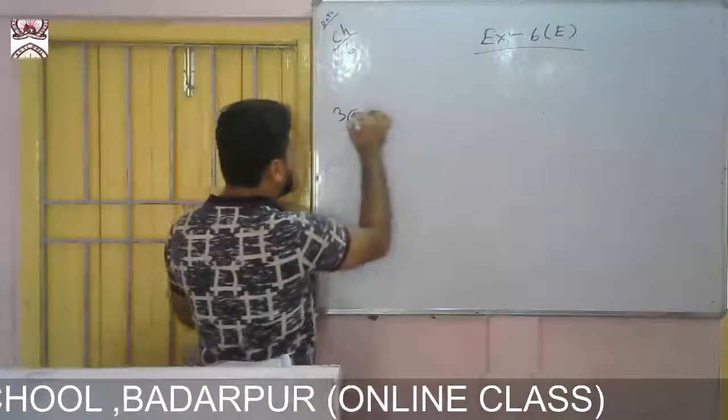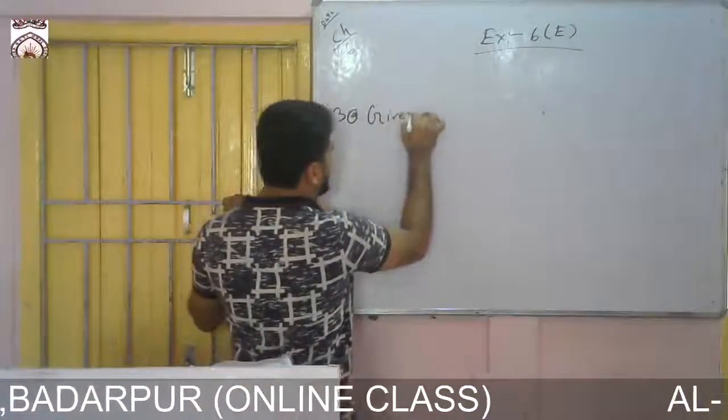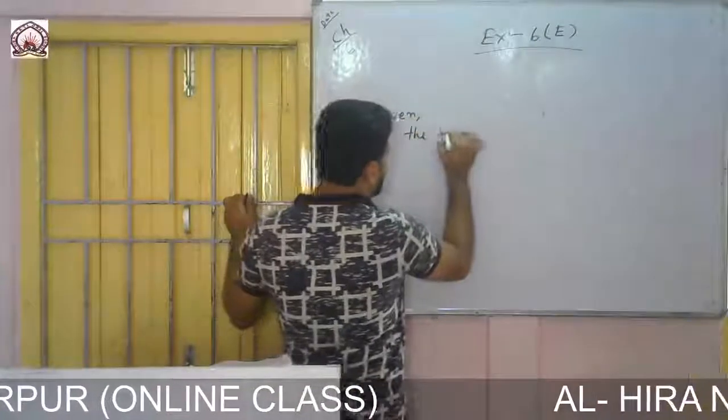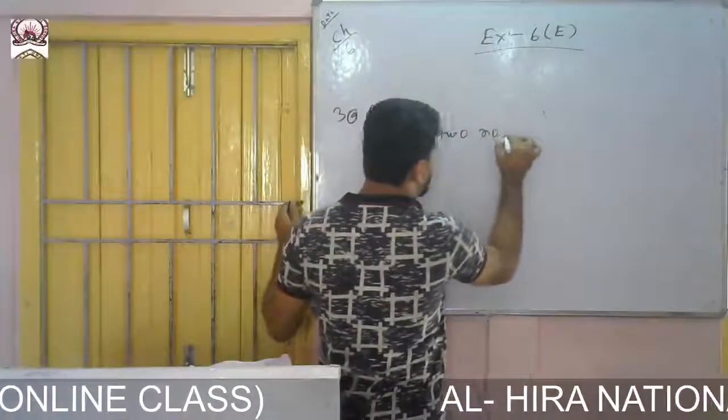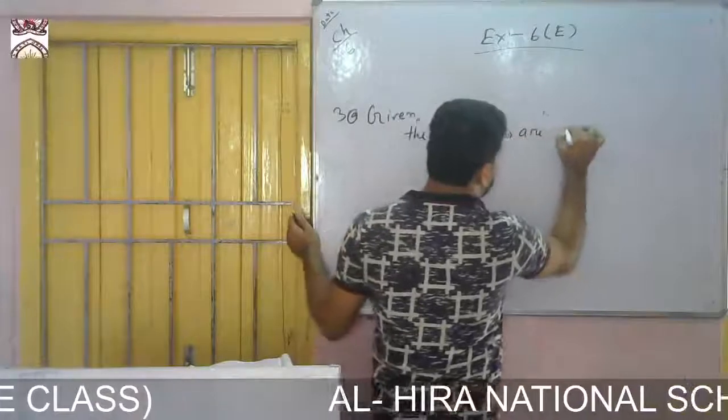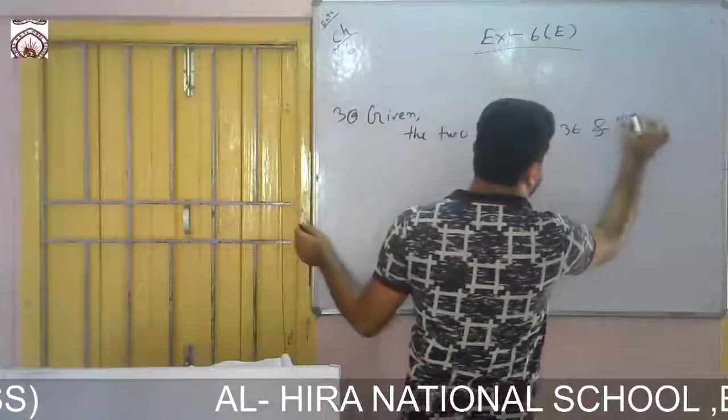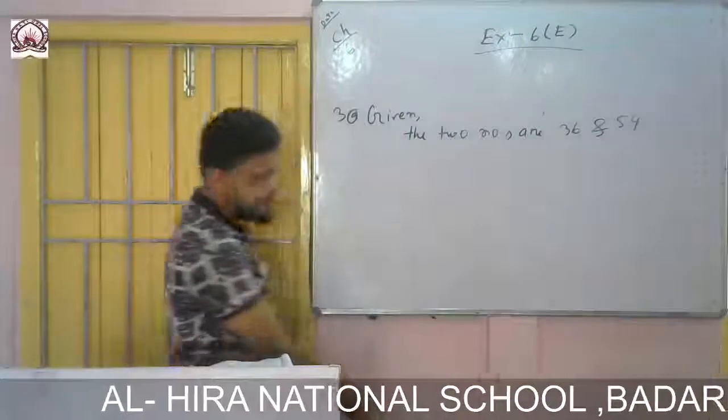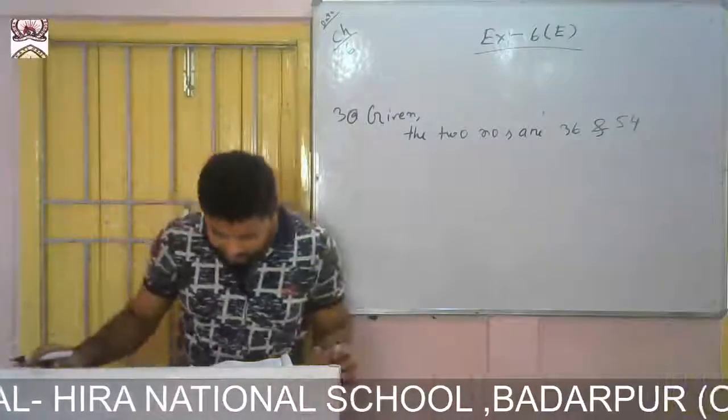Question number 3a. Given the two numbers are 36 and 54.